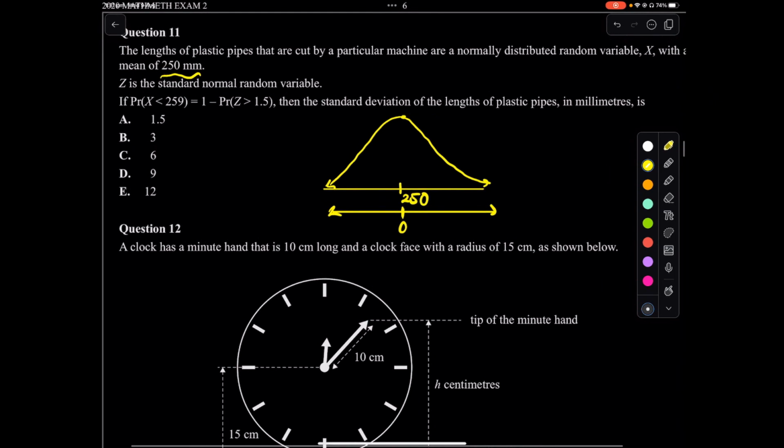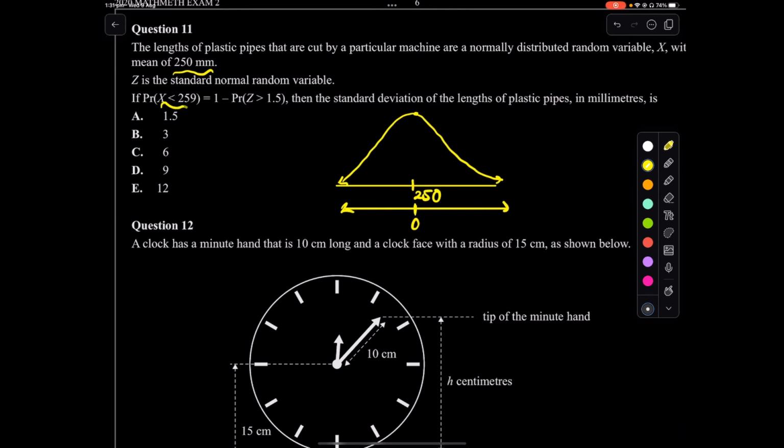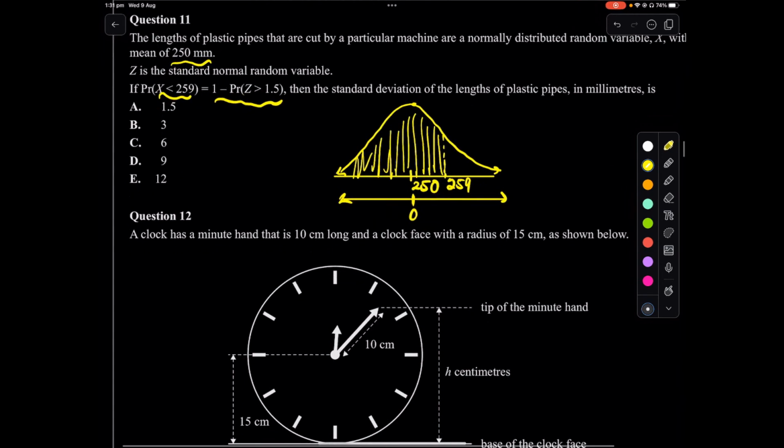Okay, we know x is less than 259, so let's say this 259 is over here. When x is less than it, this area over here is equal to this. So let's say that was our normal distribution, our red graph, at 0.